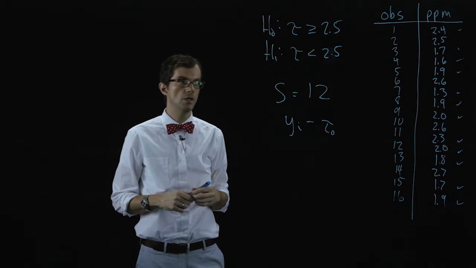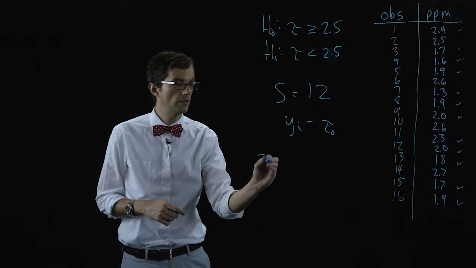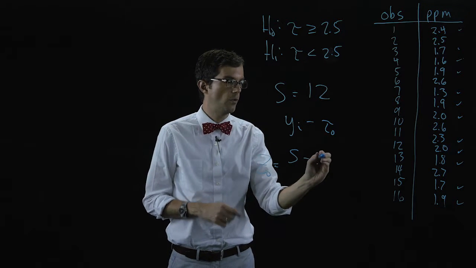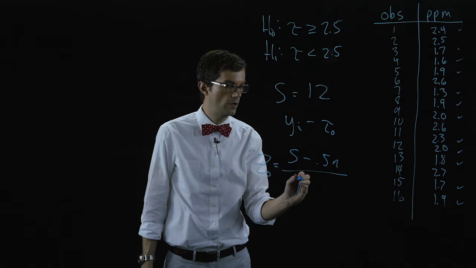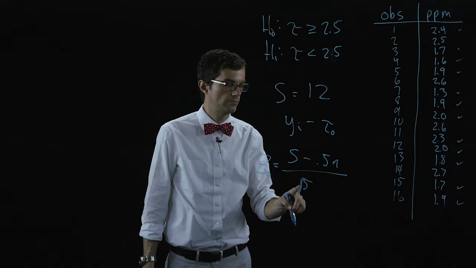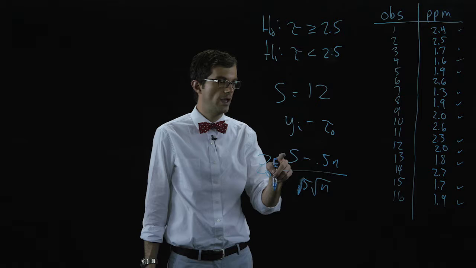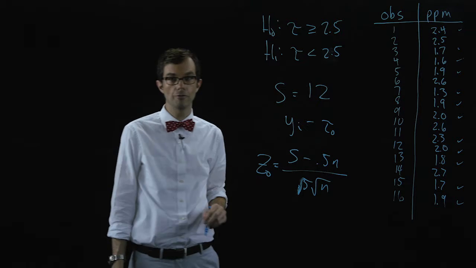So now we just have to implement our Z test statistic. That's S minus 0.5 n divided by 0.5 times the square root of n. Okay, S minus 0.5 n divided by 0.5 times the square root of n.